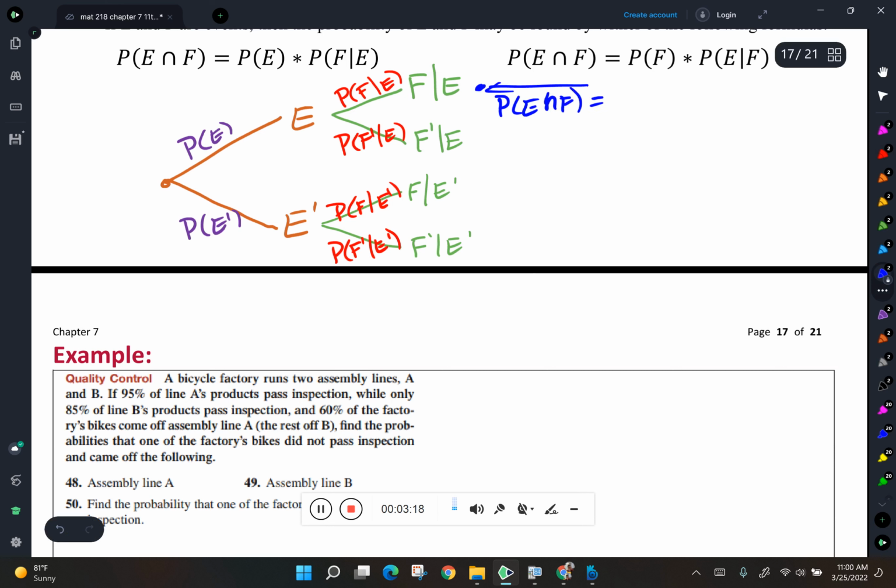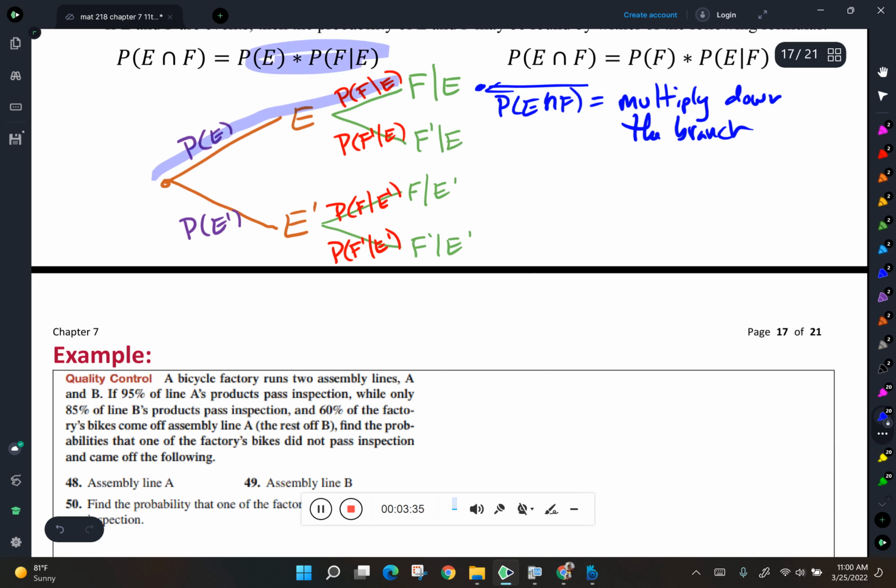But what it means is we just need to multiply down the branch. If I just multiply down the branch, I'm going to take E times F given E, and that's going to give me my intersection.